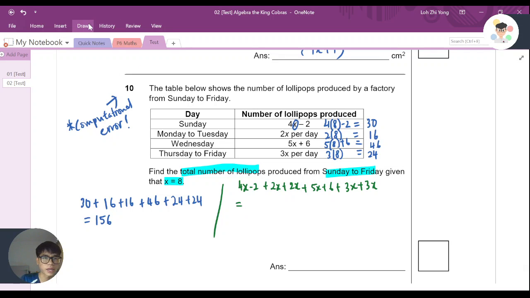If you look carefully, you can see that there's 4x, 2x, 2x, 5x, 3x, 3x. So you can add up 4 plus 2 is 6, plus 2 is 8, plus 5 is 13, plus 3 is 16, plus another 3 is 19x. So you know that this is actually 19x.